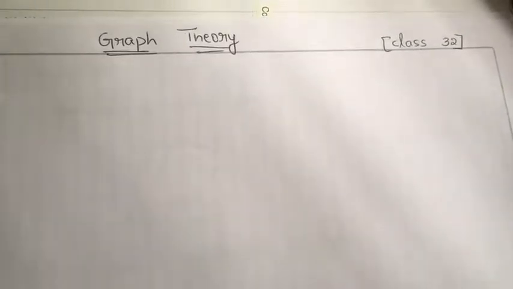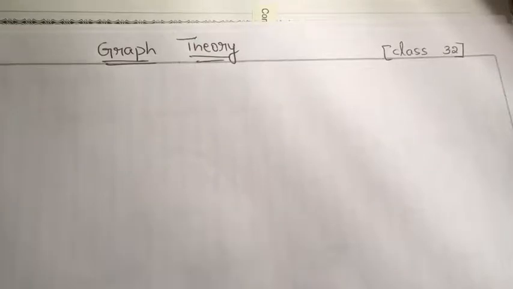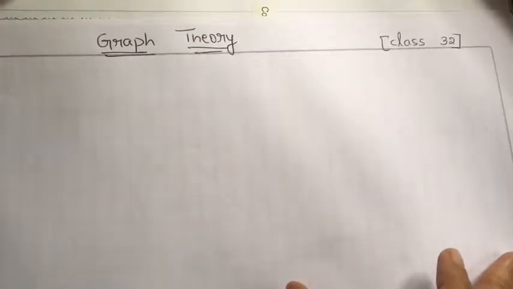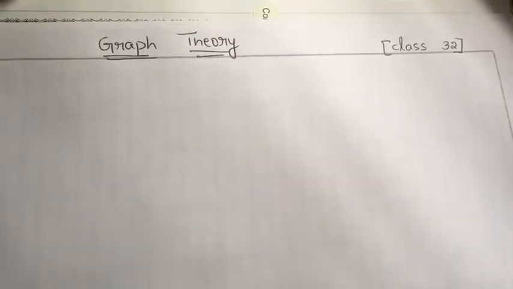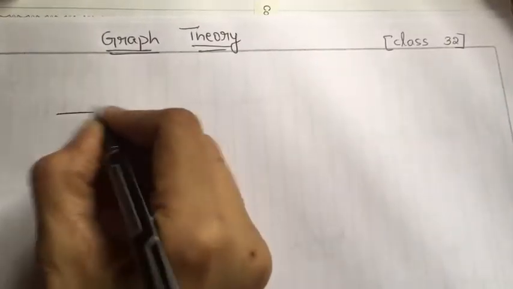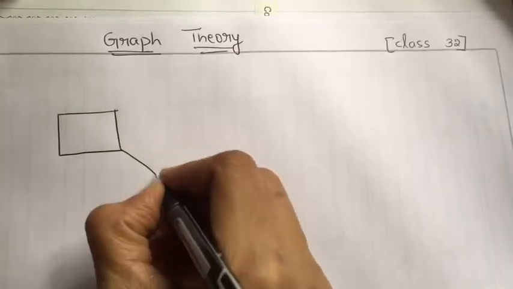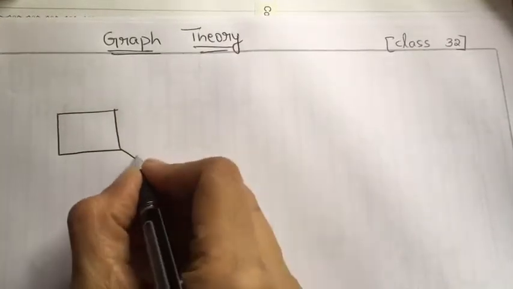In this video, let us learn about directed paths, walks and circuits in digraphs, and also learn about the connectedness in digraphs. Suppose I have a graph, in fact a directed graph, like this.